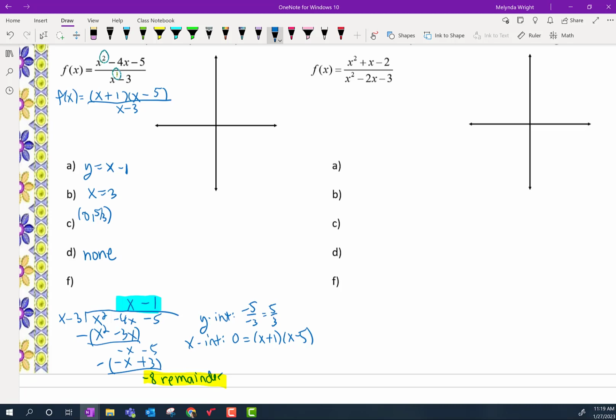So please don't be worried about us forgetting the denominator. I have an x-intercept at negative 1, so we've got (-1, 0). I have an x-intercept at 5, and so we had (5, 0).